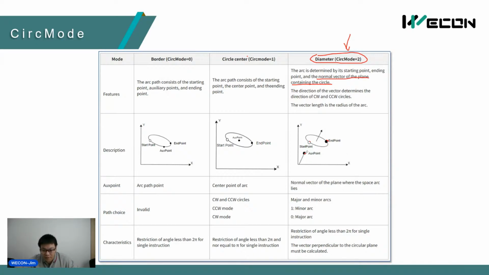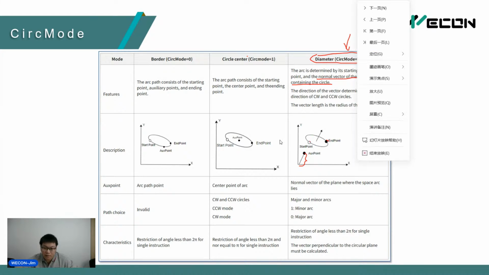and the length of this normal vector will be the radius of the circle. How to understand?